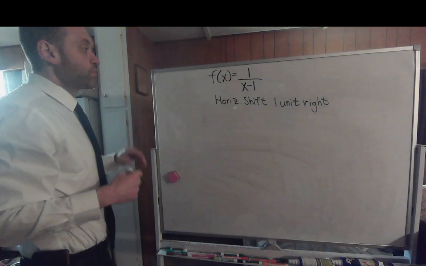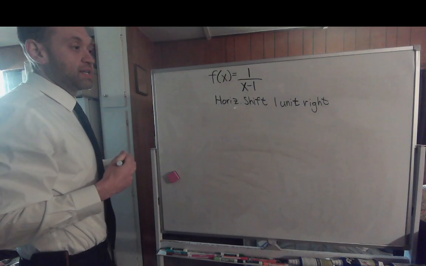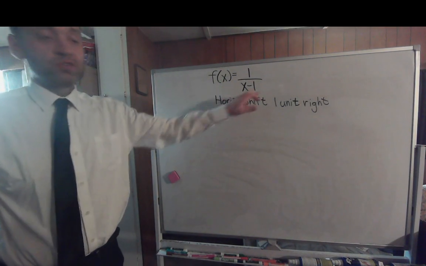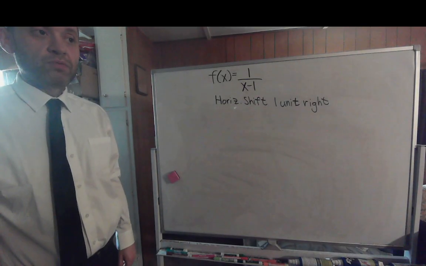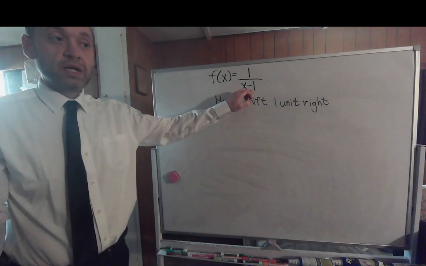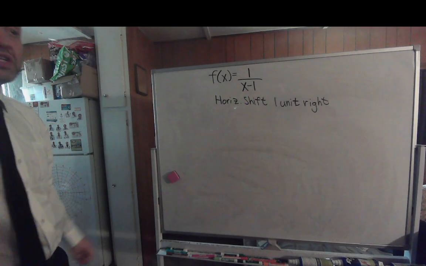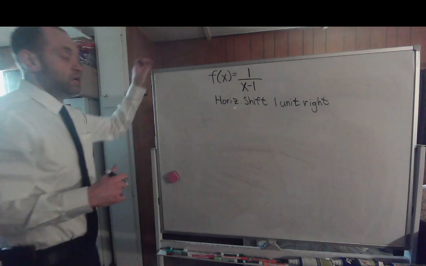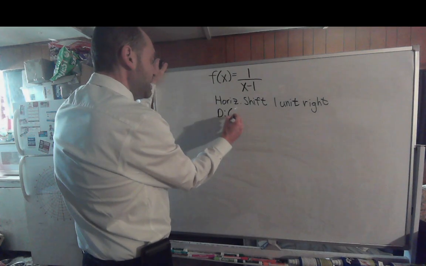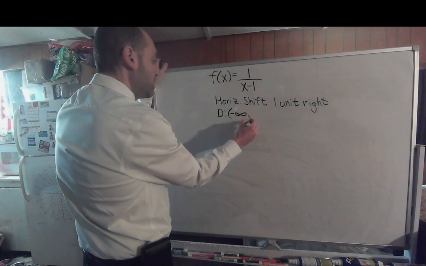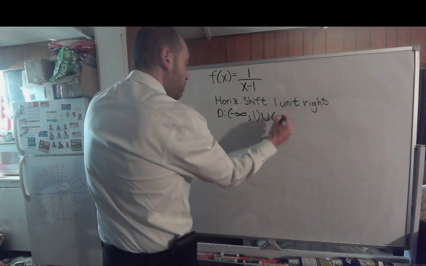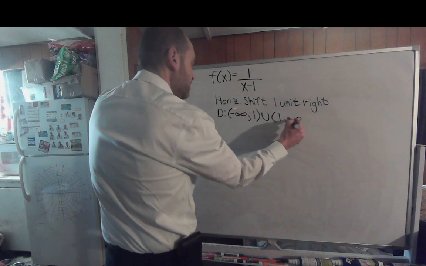Now, we also got to consider the domain. If you take x minus 1, set it equal to 0, you would get x equals 1. When x equals 1, you're going to have an undefined value. So your domain goes from negative infinity to 1 non-inclusive in union with 1 to infinity non-inclusive.